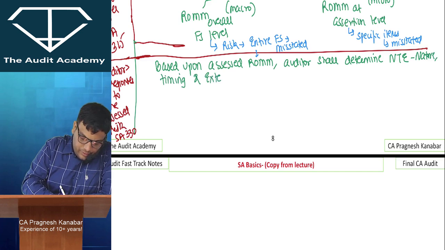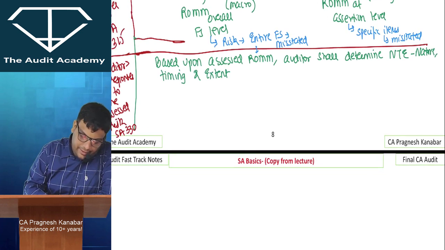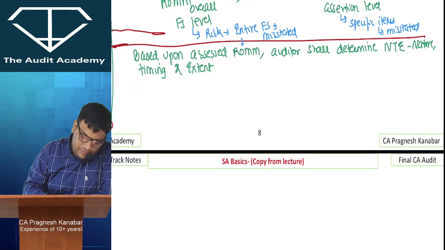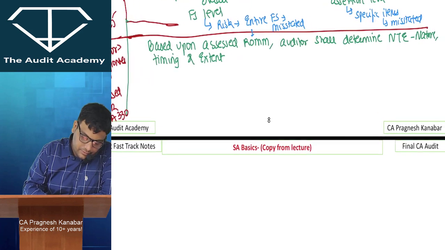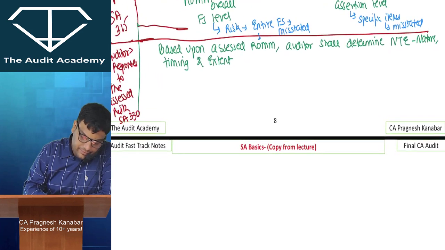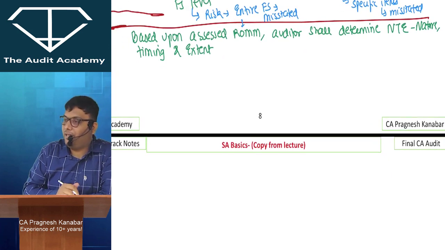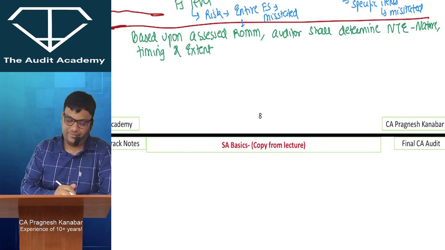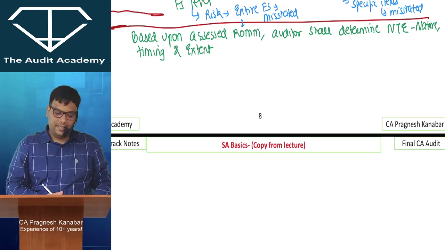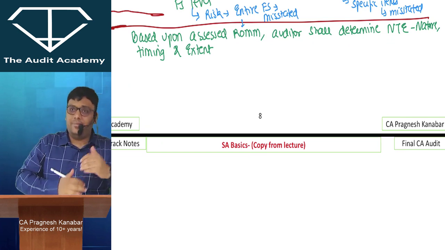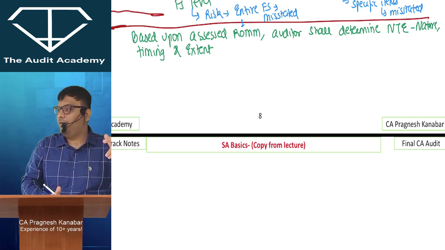Few words you remember either because you liked them, or because you were frightened about them, or because you saw them in your nightmare. Based upon assessed ROMM, the auditor shall determine the nature, timing and extent. Nature means what you're going to do. Timing means when. Extent means how much.